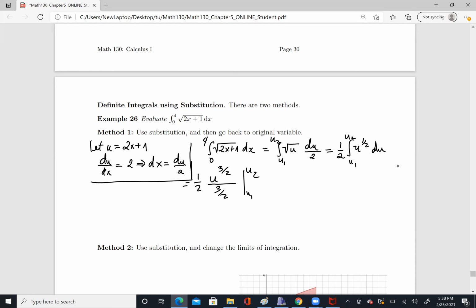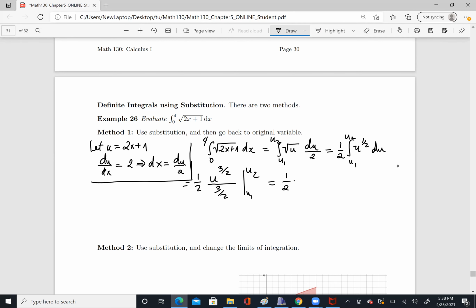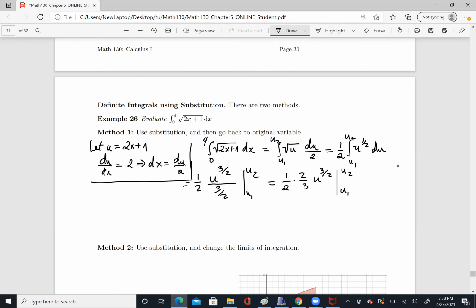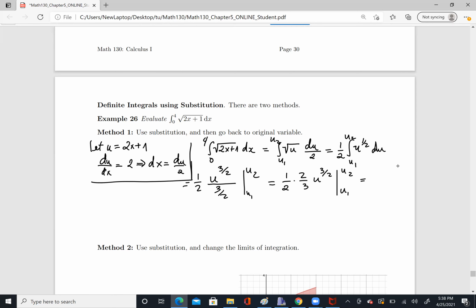I can simplify this one more time as 1/2 times 2/3 multiplied by u to the power 3/2, with the limit from u1 to u2.